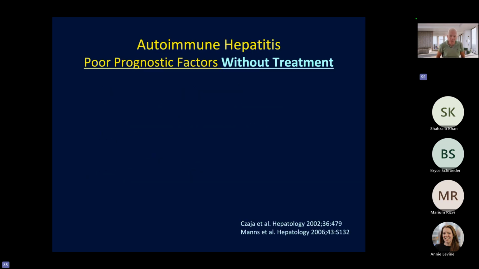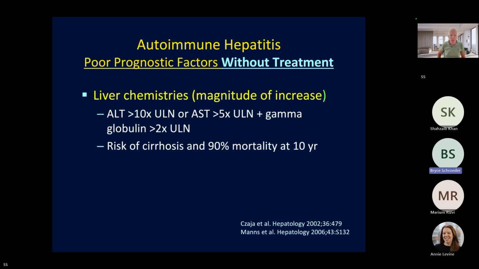What are the poor prognostic factors without treatment? Again, liver chemistries, ALT greater than 10 times or AST greater than 5 times, as I showed on the previous slide, with a greater than twofold elevation in your IgG. And in those patients, the risk of cirrhosis is great and has a 90% mortality at 10 years.